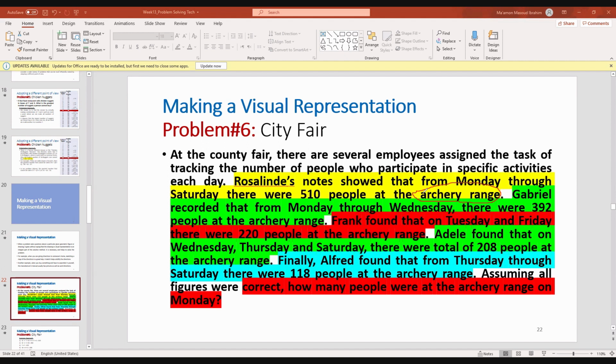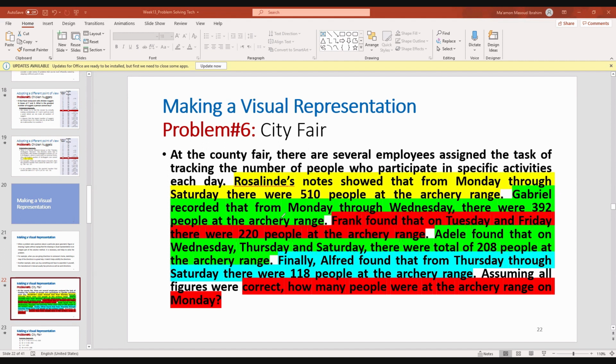Now here are some statements, or some facts, that these employees provided to us. First of all, Rosalinda's notes showed that from Monday through Saturday there were 510 people at the archery range.